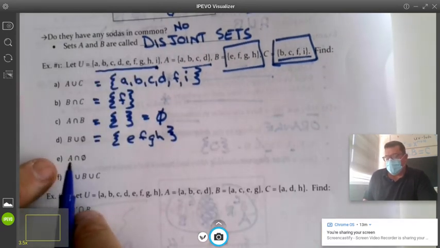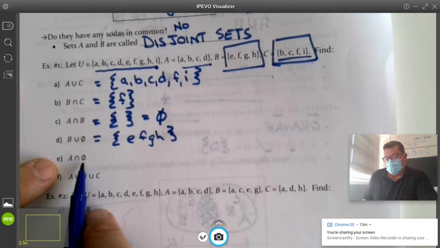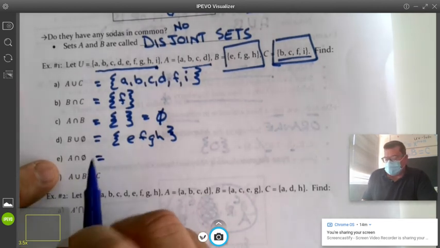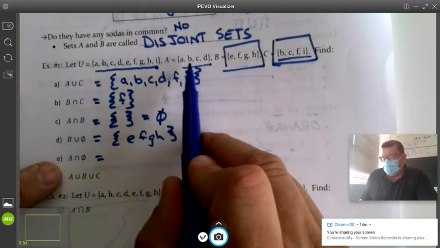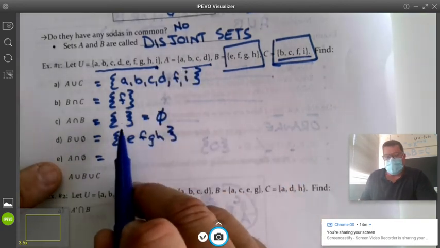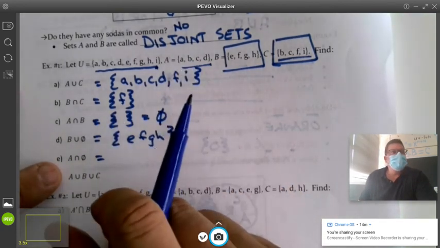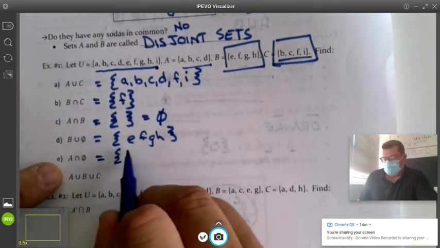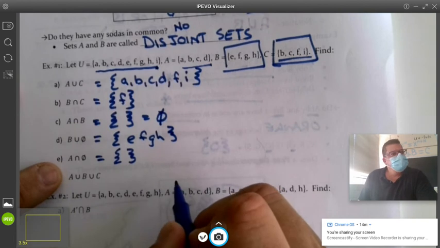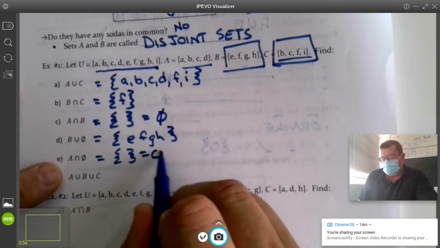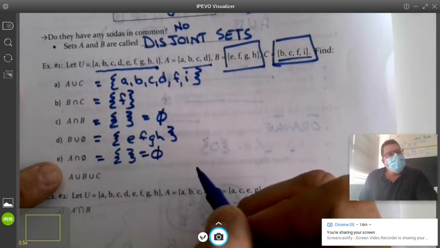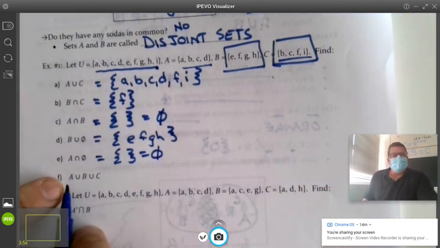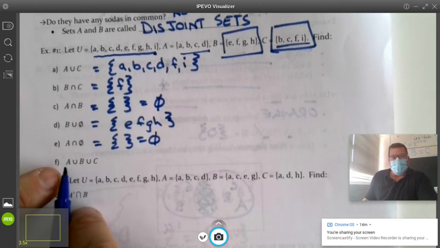We have to see where A overlaps with the empty set. What do they have in common? So, what does A have in common with the empty set? Nothing. It's the empty set. Is that okay?